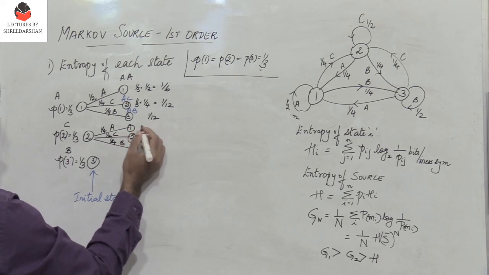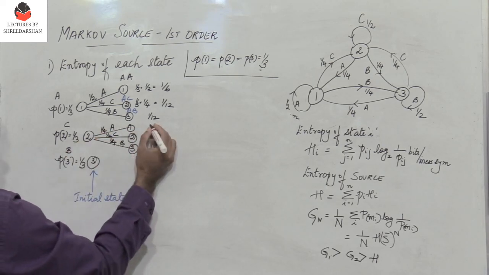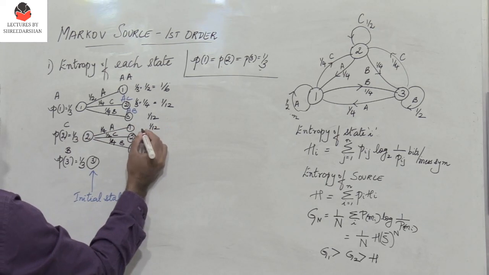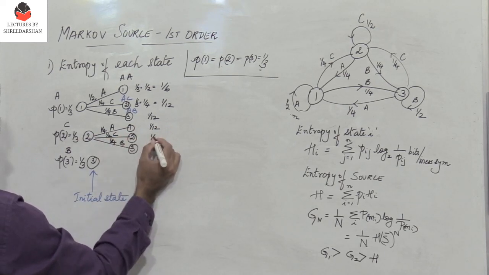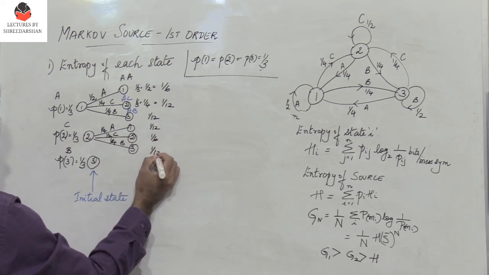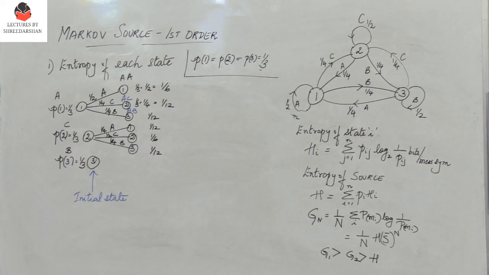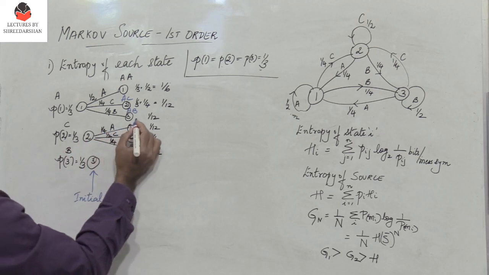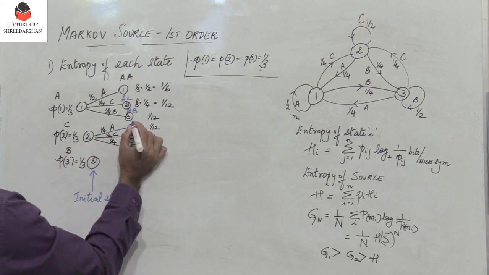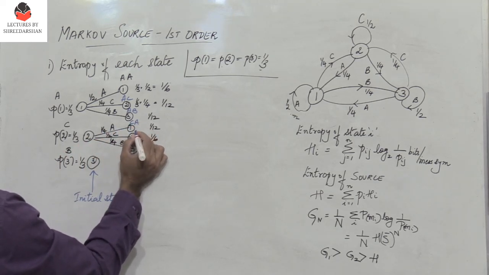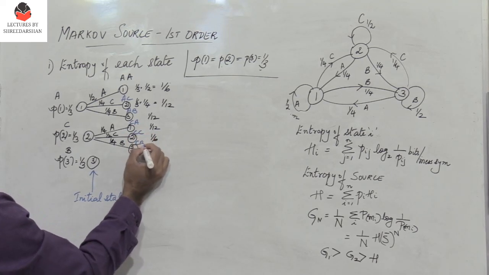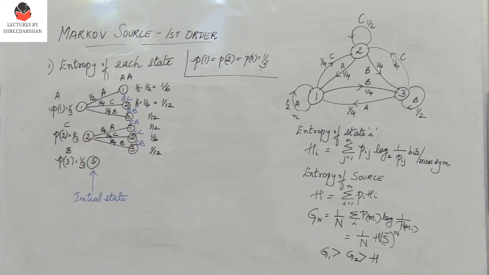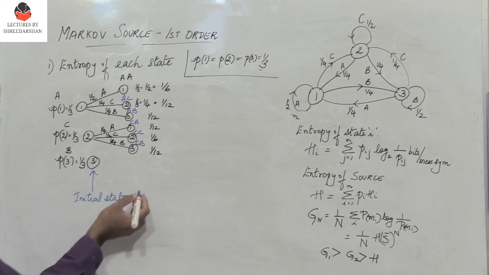So here I have 1 by 3 into 1 by 4, again it's going to be 1 by 12, here it's going to be 1 by 6, and here again it's going to be 1 by 12. And the symbols are CA, CC and CB.